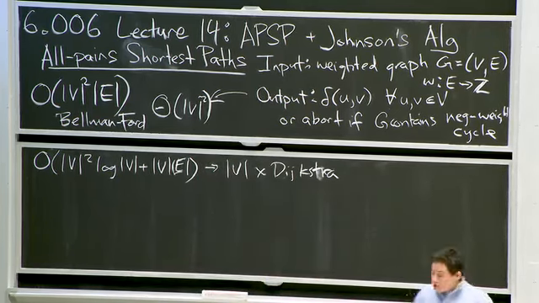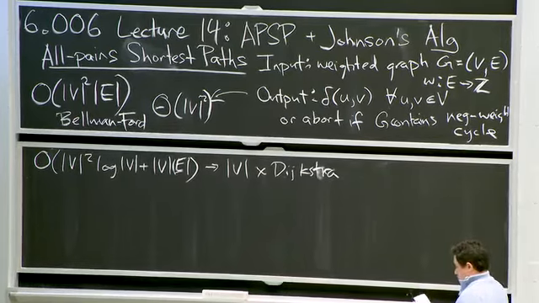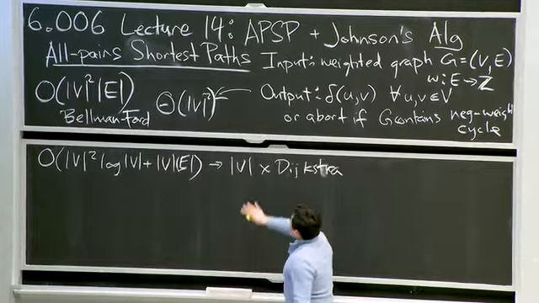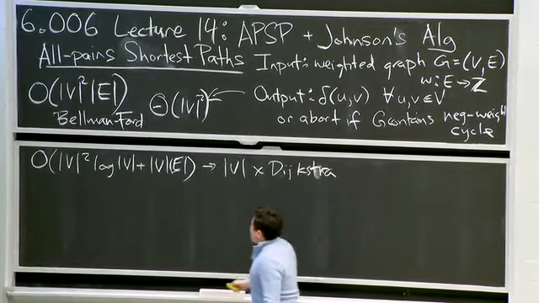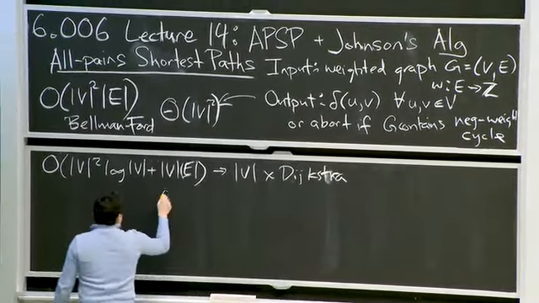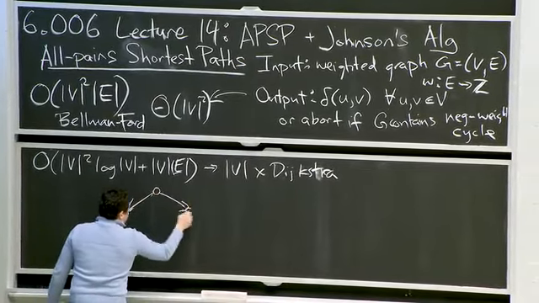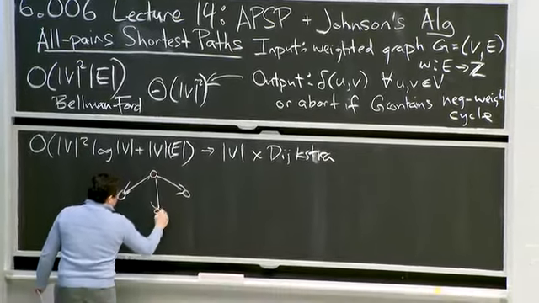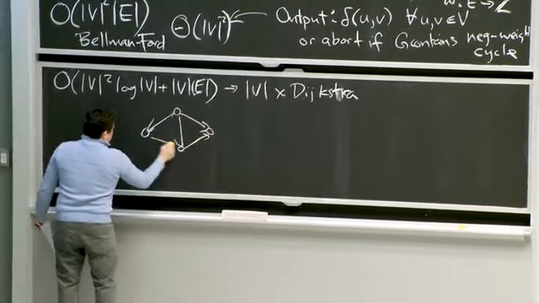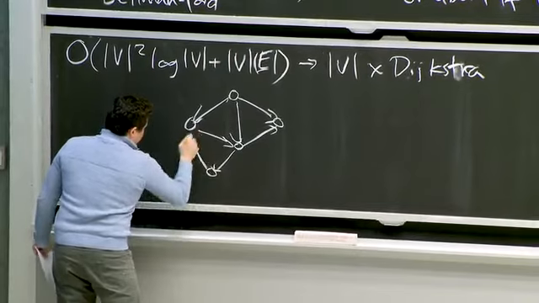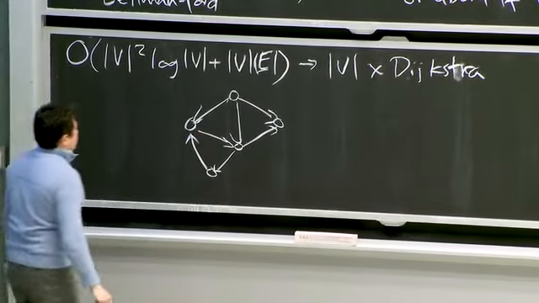The idea here is if we had a graph, should my graph be directed or undirected? I'm not sure. Let's see if we can make a directed graph. Okay, so here's a directed graph.